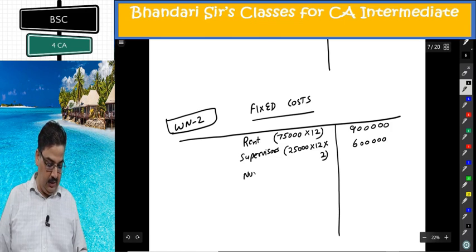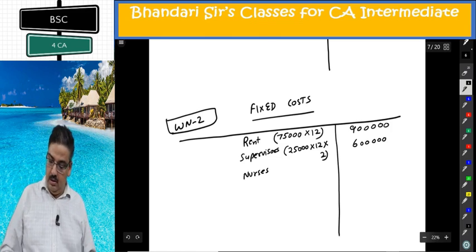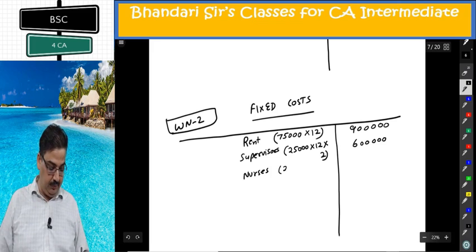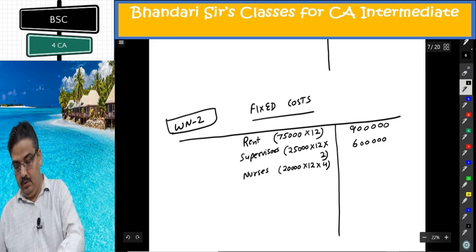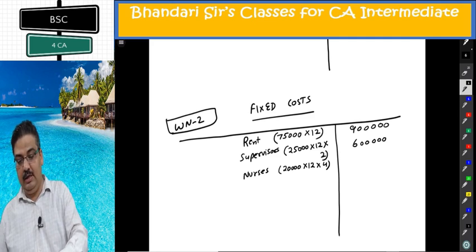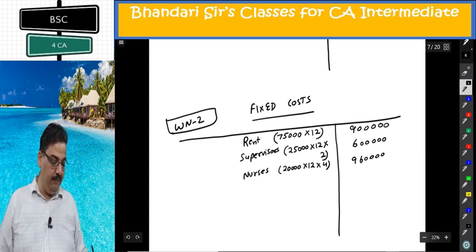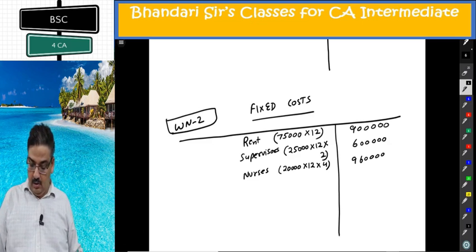Similarly, nurses, 4 persons, 20,000 per month each. 20,000 into 12 for one nurse, annual cost 2,40,000, into 4. 9,60,000 is annual cost of all 4 nurses.